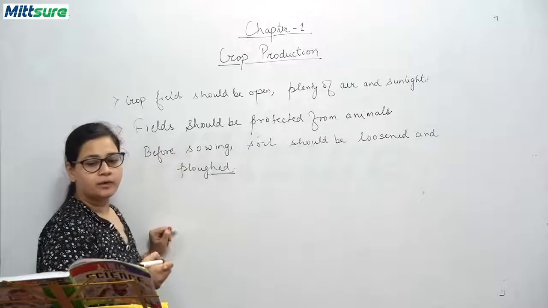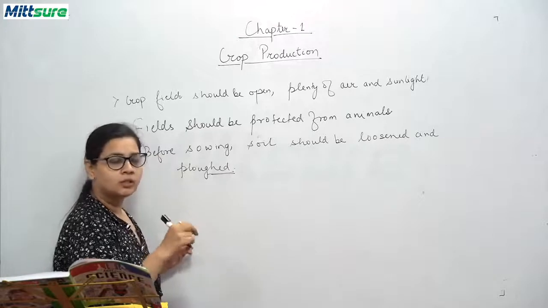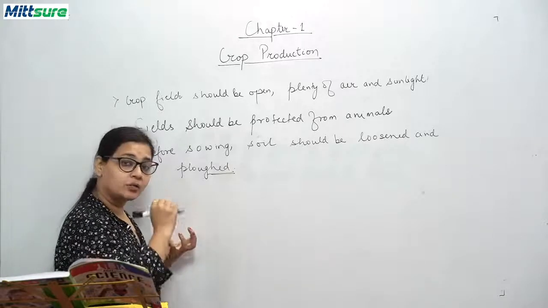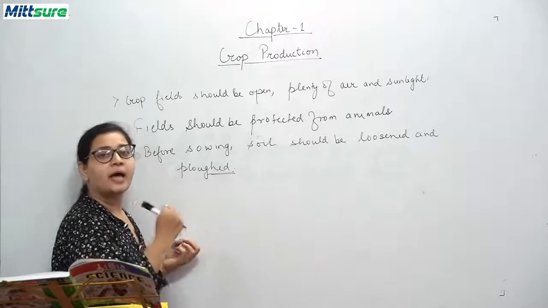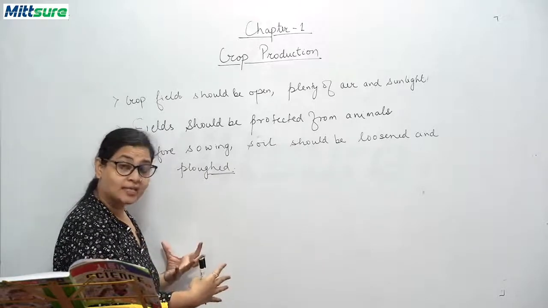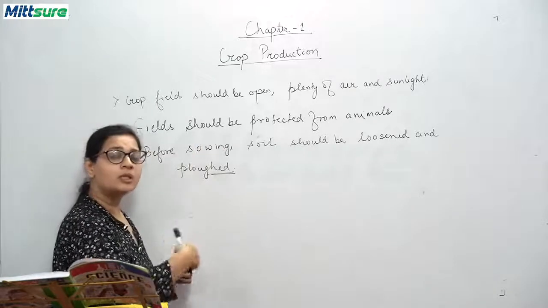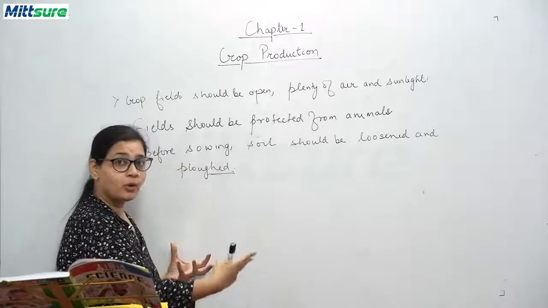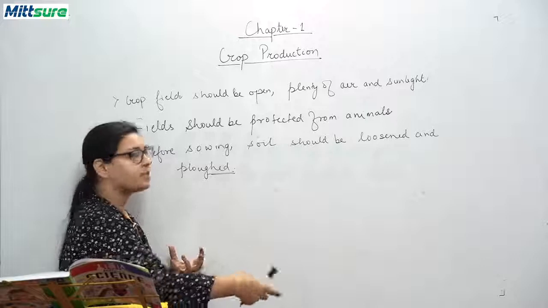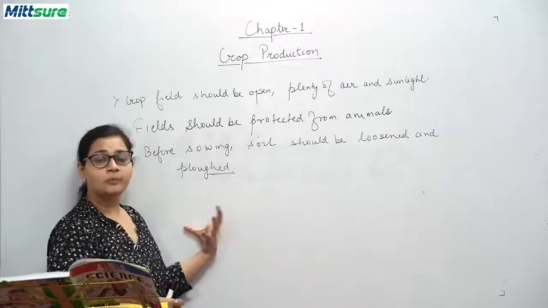Plowing means making the soil loose so that it becomes aerated and the growth of microorganisms is possible. This process of loosening and overturning of soil is called plowing, and the soil where plowing is done is called plowed soil. Why should the soil be loosened?